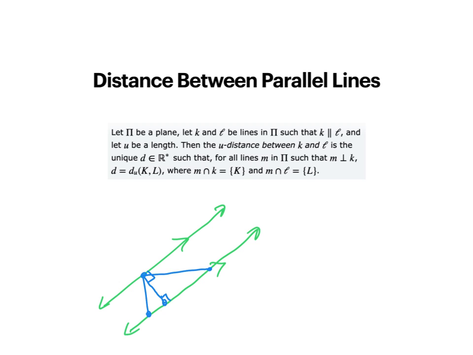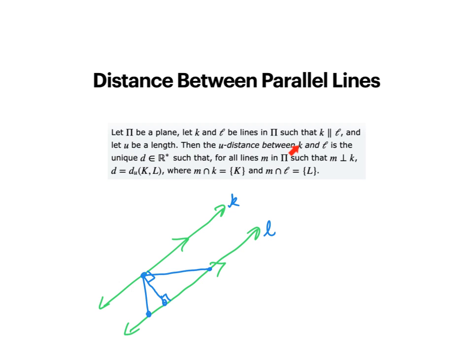Now let's read about this in mathematical notation, and I'll continue drawing. Let pi be a plane. This is in pi. And K and L be lines. Okay, let's name these. This is K. This is L. In pi, such that K is parallel to L. Yep, that's how I have it drawn. And let U be a length.